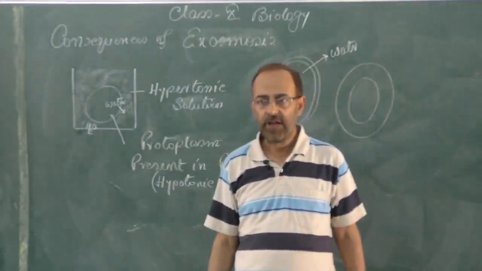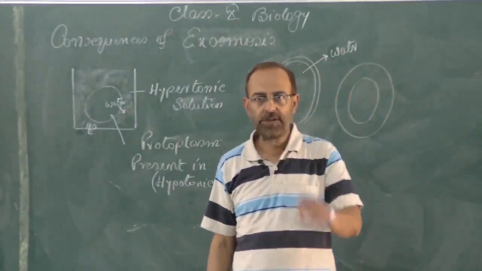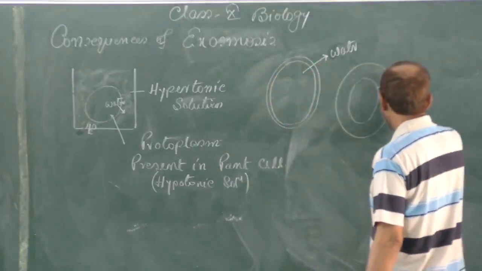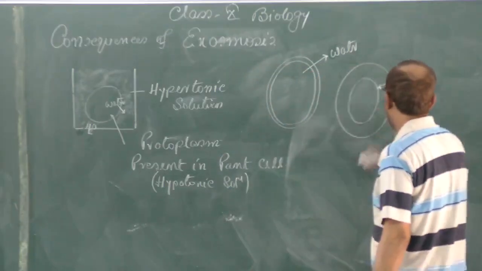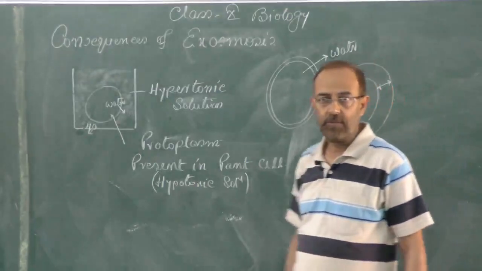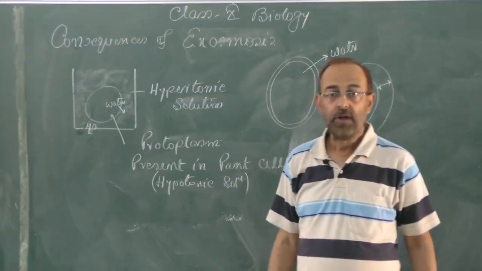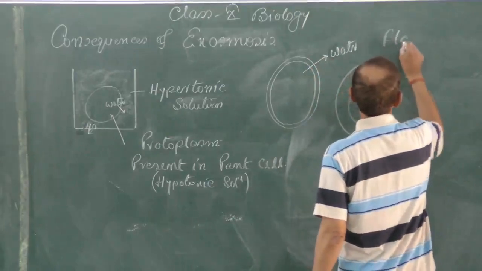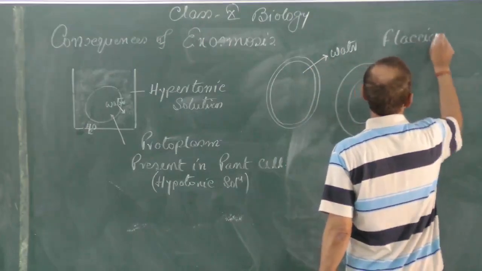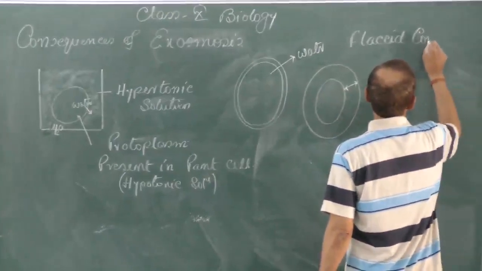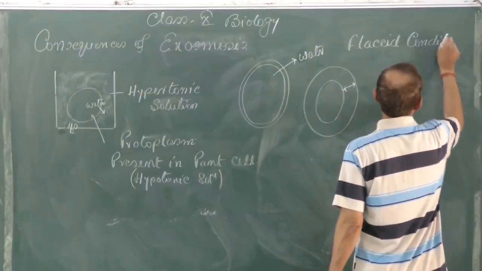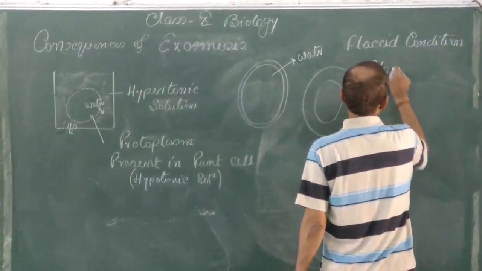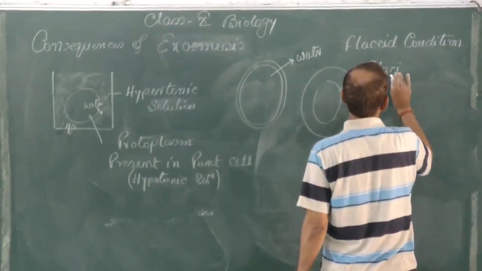Protoplasm will shrink, the volume of the protoplasm will decrease inside the cell, and that will increase the gap between the cell wall and the plasma membrane. Clear? This condition of the cell is known as a flaccid condition. And the phenomenon is known as flaccidity.